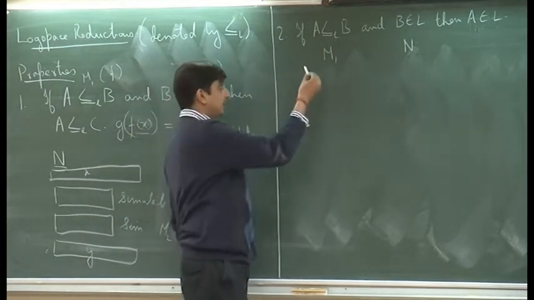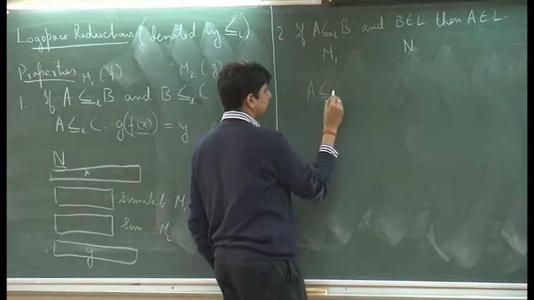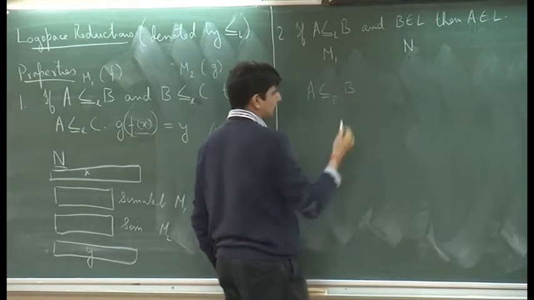I can always say that A reduces to B in polynomial time by doing the following.